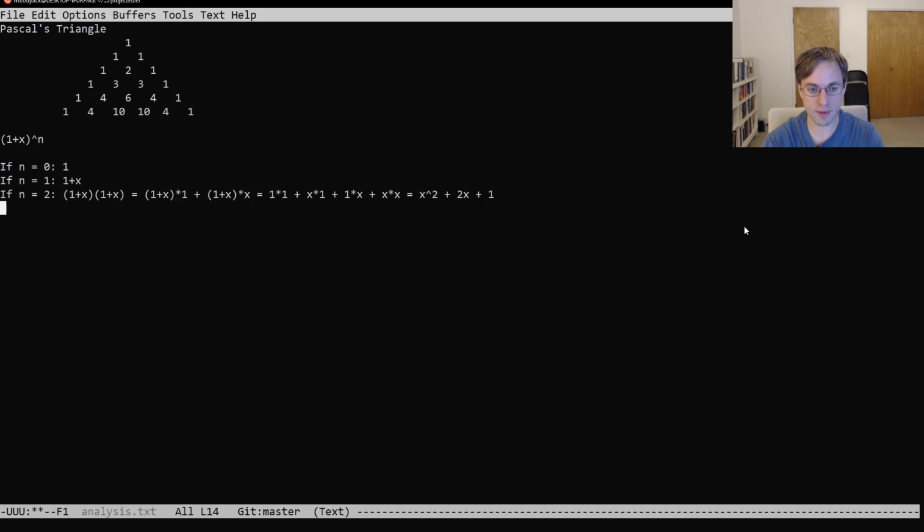Okay, great. Let's continue. If n is equal to 3, we have (1 + x) times (1 + x) times (1 + x). But we've already evaluated this first part here. And so we can say (1 + x) times our expression right here.